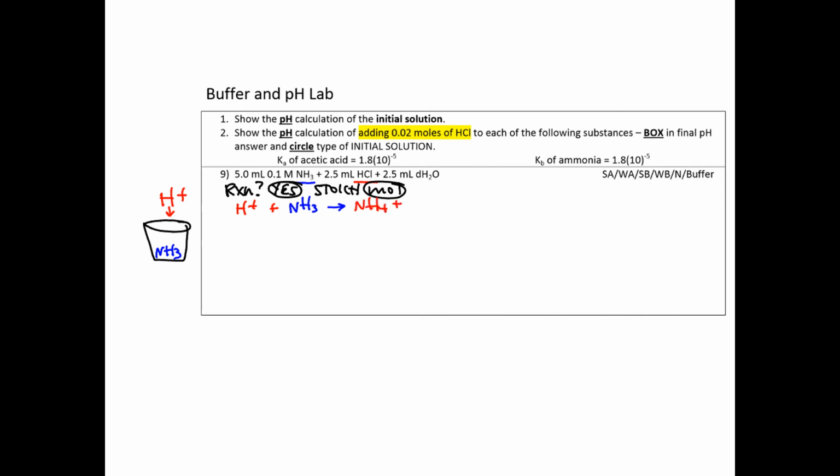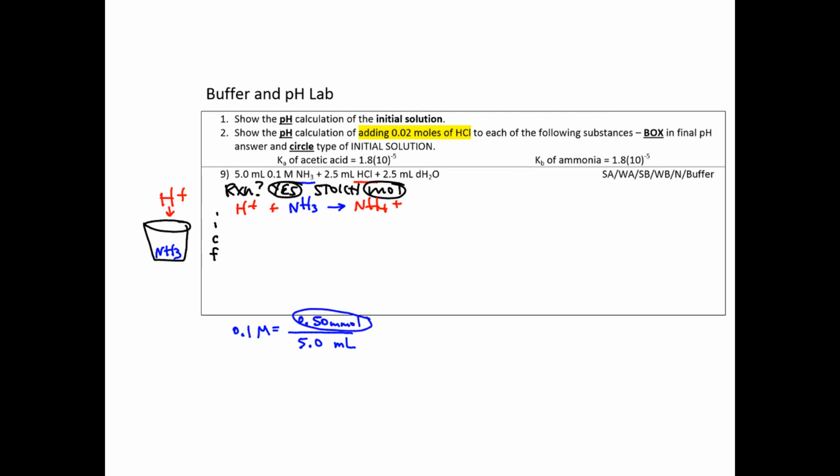So we're going to do our ICF chart. We need to know the moles. So again, we're going to use molarity equals moles over liters. For the base, the NH3, we have 0.1 molar. All right, I'm going to just do millimoles just for fun. If you don't like it, you could use liters. But here are the milliliters, and the ammonia was 5.0. So then we solve, we get 0.50 millimoles.